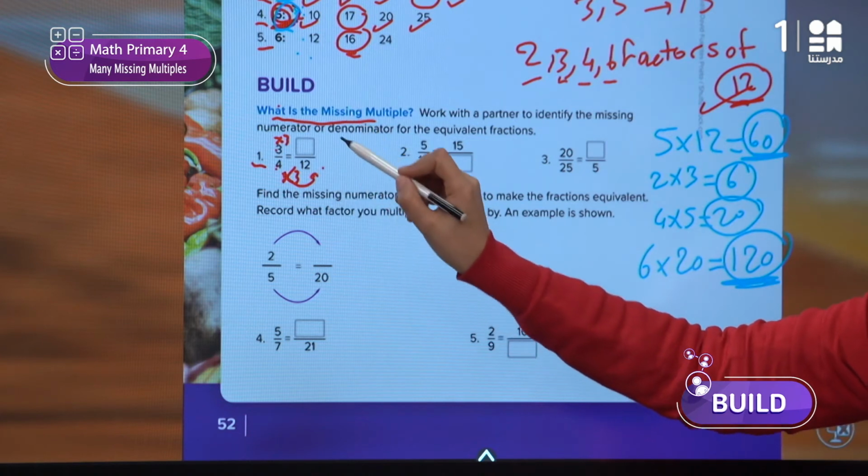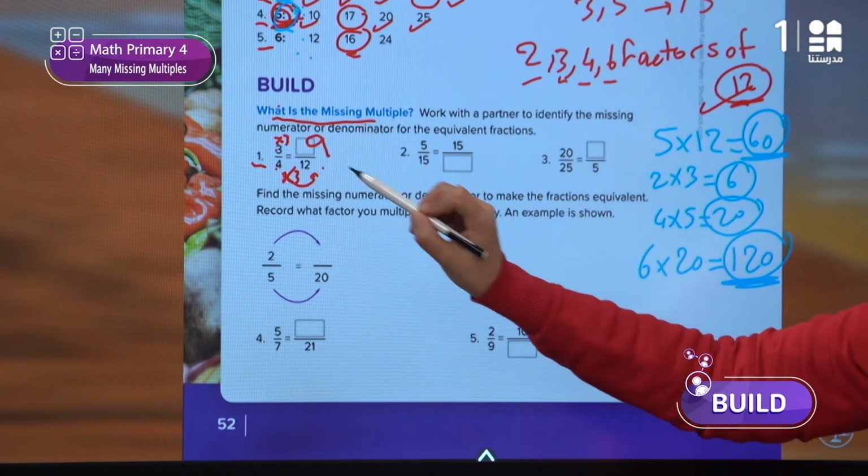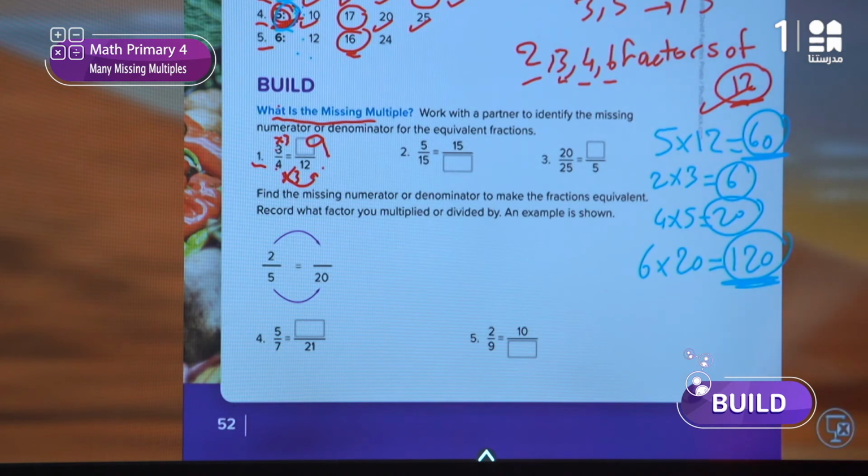So 3 times 3 gives me 9. يبقى النيو fraction بتاعي 9 over 12.